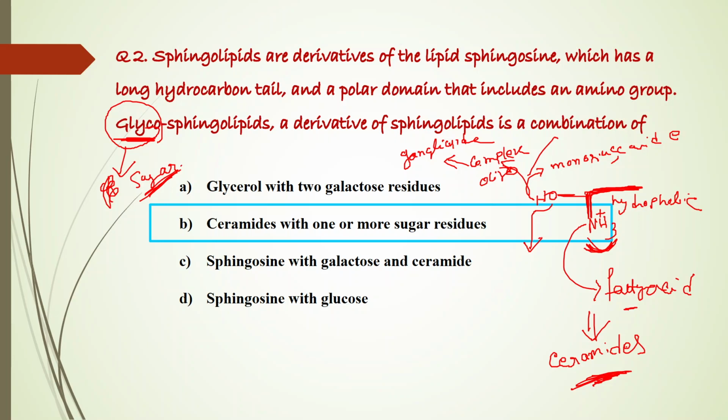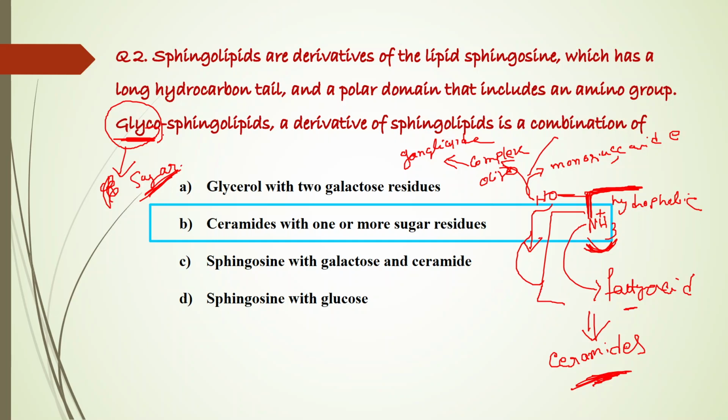Before you attach any sugar moiety to this OH group, you have to first block this NH2 site with fatty acid. That means first the formation of ceramides will happen, then it will react with any kind of sugar moiety and will result in glycosphingolipids. So the correct option should be ceramides with one or more sugar residues.